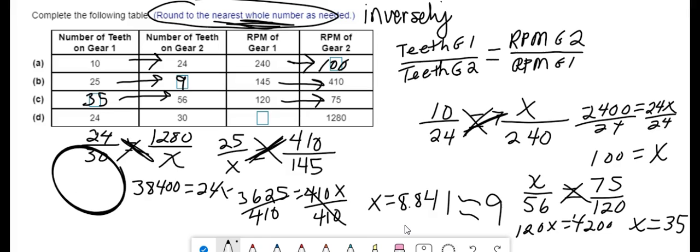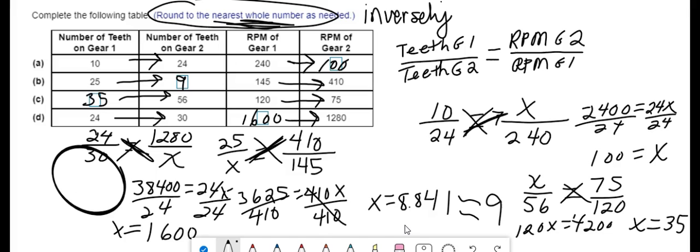And multiply those two. Divide both sides by 24. And we get 1,600. So see if that makes sense. As the number of teeth go up, the RPMs go down. Yes.